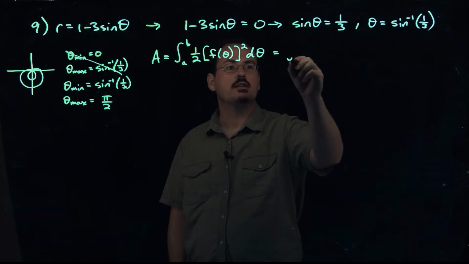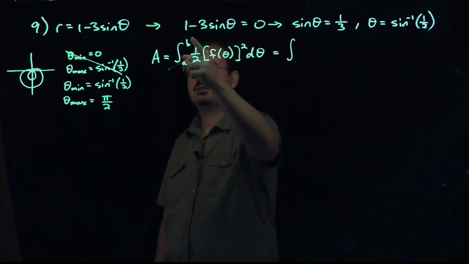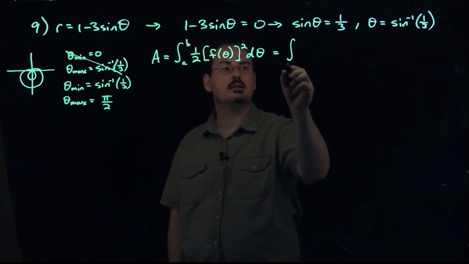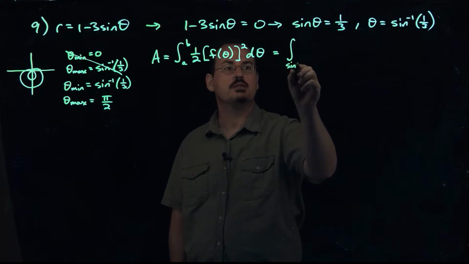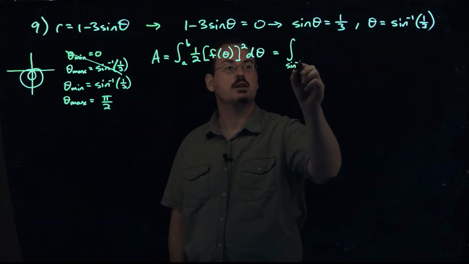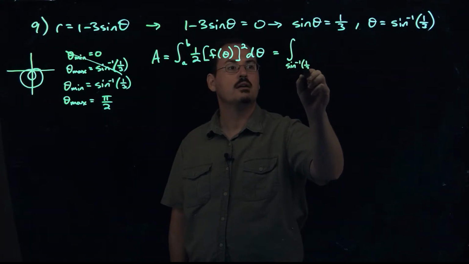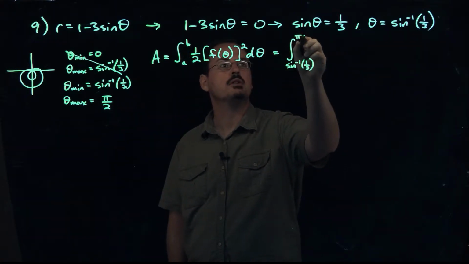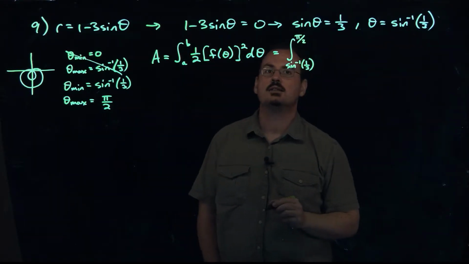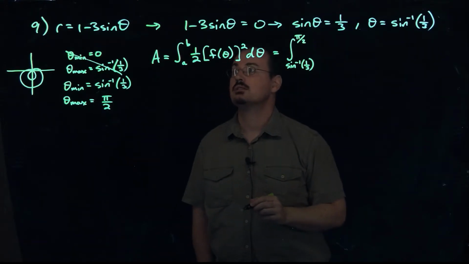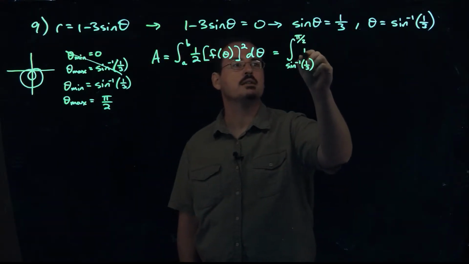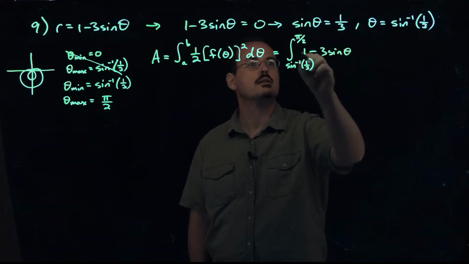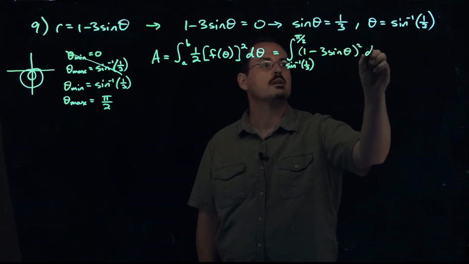So in our case, our integral will then be, and the bounds are what we were struggling with here, lower bound theta min, we have to put the inverse sine of 1/3, and then max pi over 2. That's our bounds, and our function is 1 minus 3 sine theta, quantity squared, d theta.